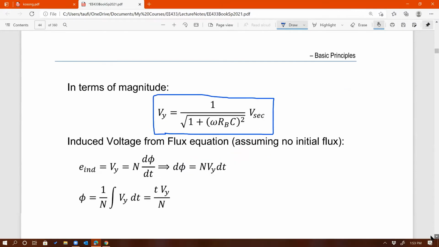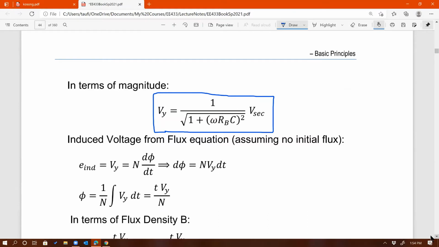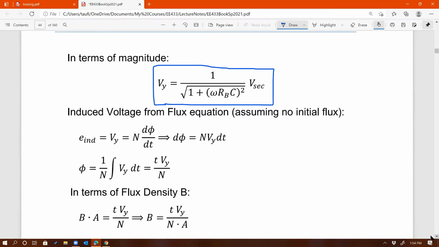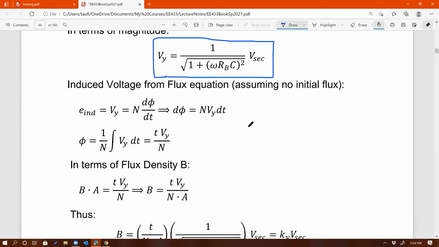Okay. Any questions so far? Okay, and then induced voltage from the flux equation, assuming no initial flux. Induced voltage E induced, which is the same as Vy, is equal to N d flux dt. Oh, this is a typo, so please fix this.